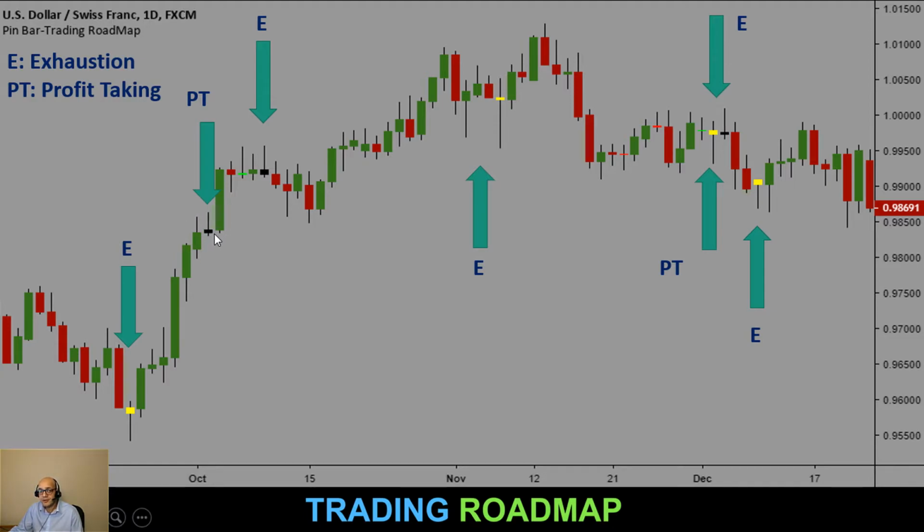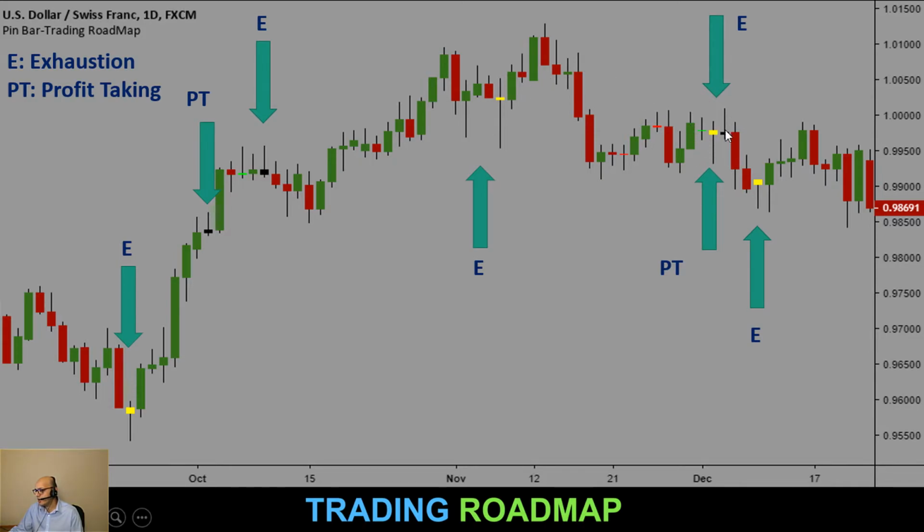It's not a reversal, that was just profit taking, and then we continued up, and then we have this exhaustion, and we went for 1 week, 1 2 3, because that's a daily chart. You have a couple of bars. We went down, and then we continued, and then here is exhaustion, both of them, and then for that one just profit taking.